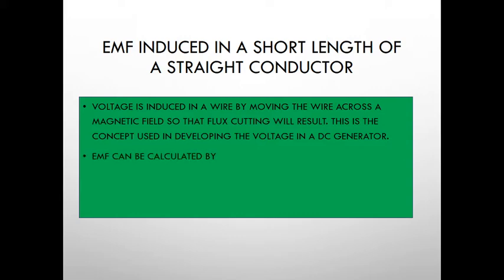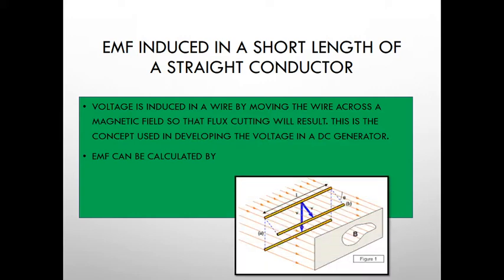EMF can be calculated with this formula. EMF nga ma-generate na to. Okay? Mo ni say formula. E is equal to BLV sin theta. So EMF is equal to the flux density, which is B, L is the length of wire, V is the velocity or speed of your conductor as it rotates, and then sin theta.